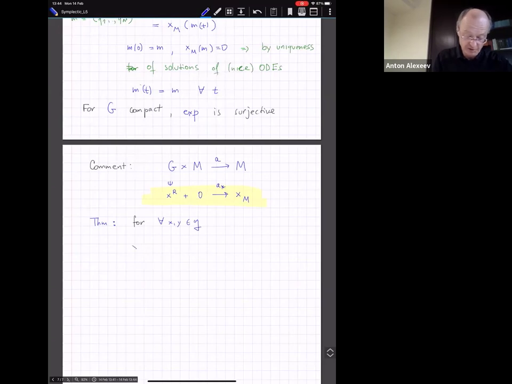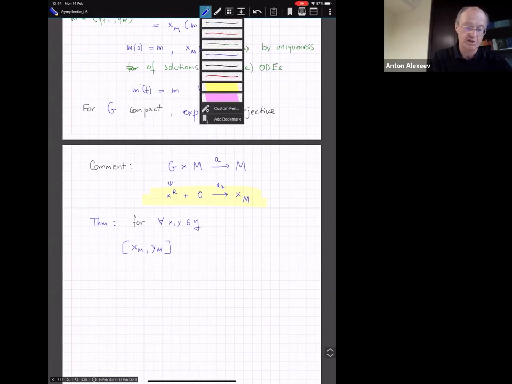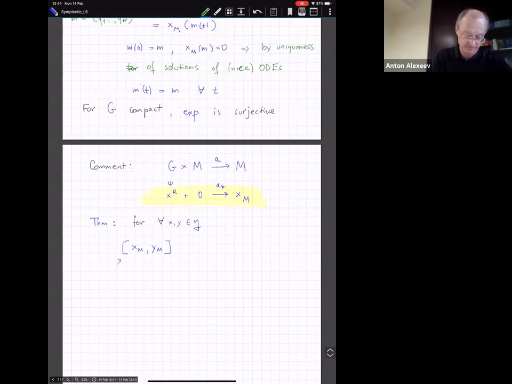Then we can construct the corresponding fundamental vector fields, and we can take their Lie bracket, or actually just the commutator of operators on C infinity of M. Or you may know the construction of a Lie bracket of vector fields.